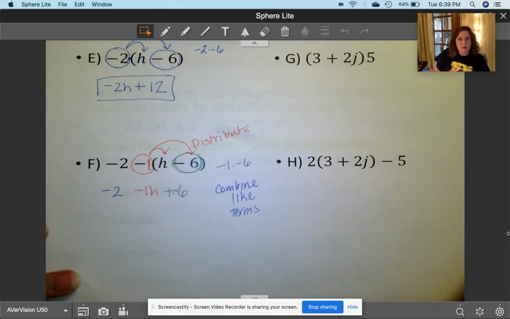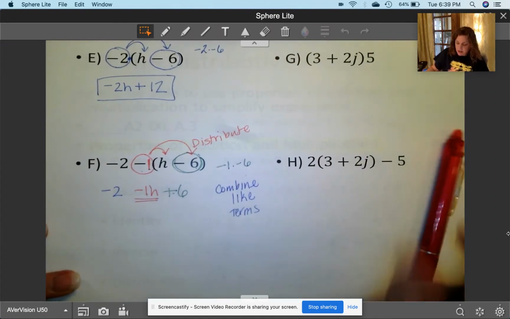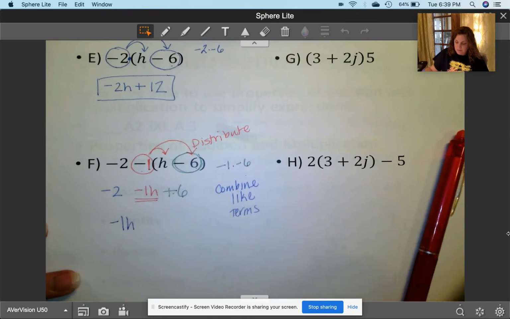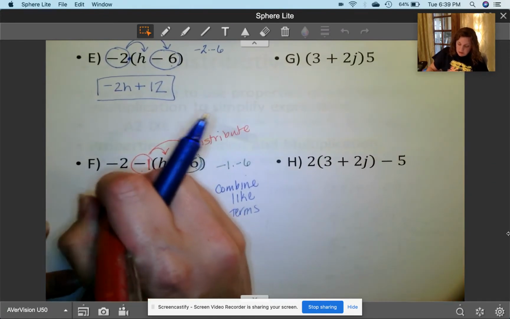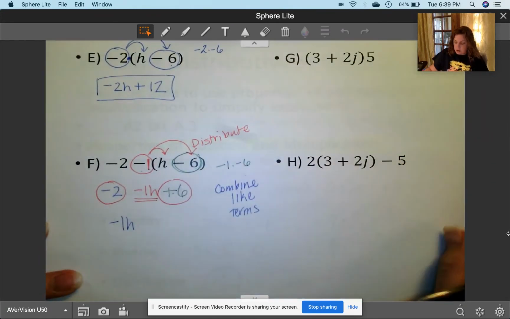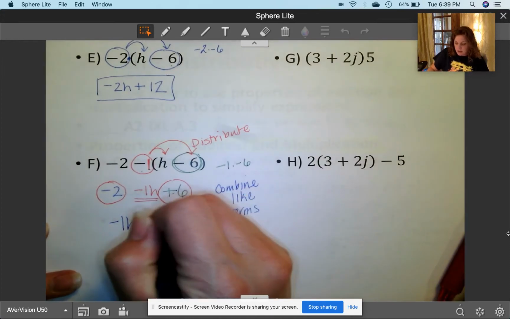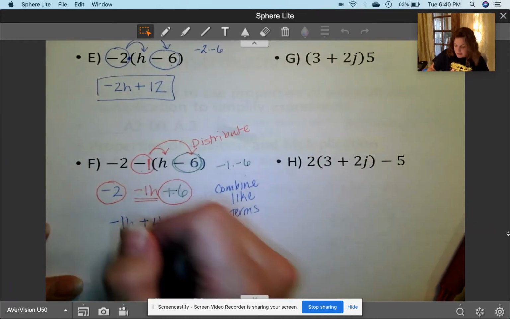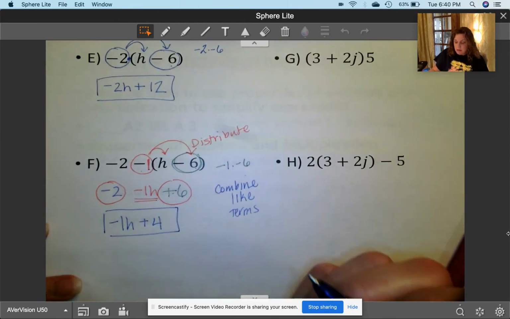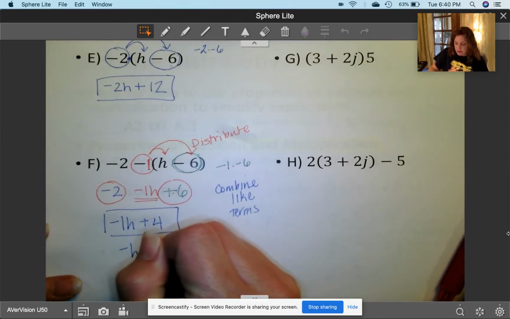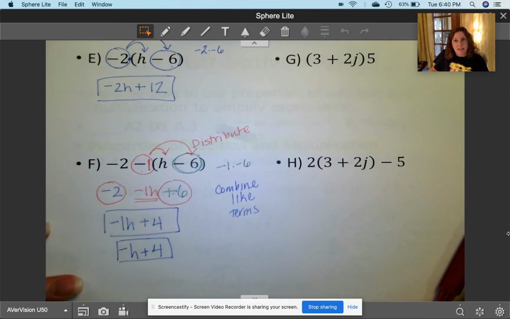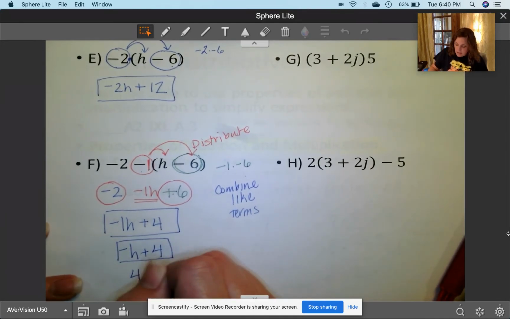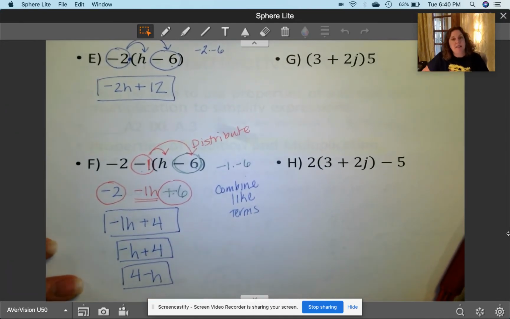First, anything with a variable, any letters in there, I have a -1h. And then I want to combine my plain old numbers, my integers. So -2 and a +6 is a +4 for the win. And this is a great answer. If you just wrote -h plus 4, that is equivalent. If you wrote 4 minus h, that is equivalent.